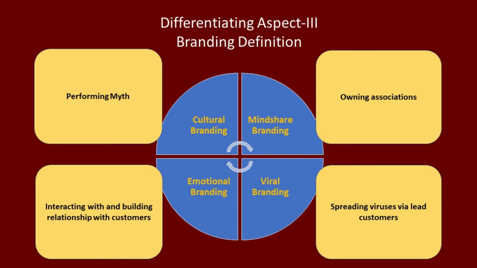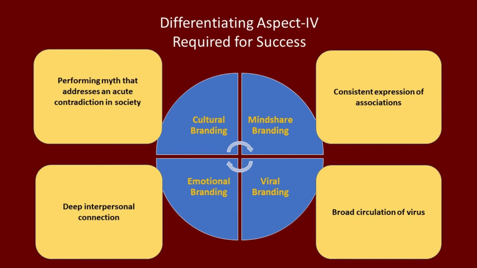The fourth differentiating aspect is the key factor needed for the success of the brand. When marketing activities are based on the cultural branding model, performing a myth that addresses the acute contradiction in society is the key for the success of a brand.